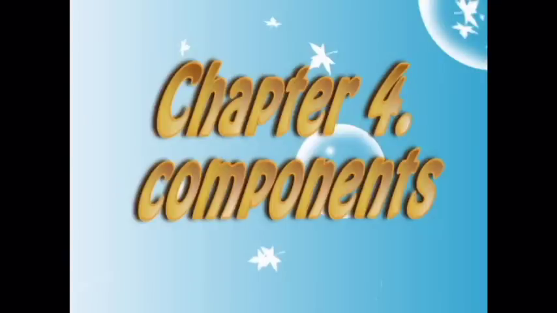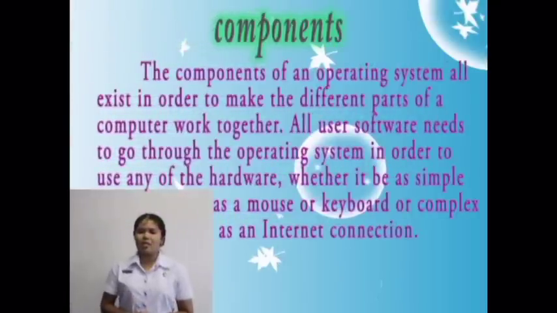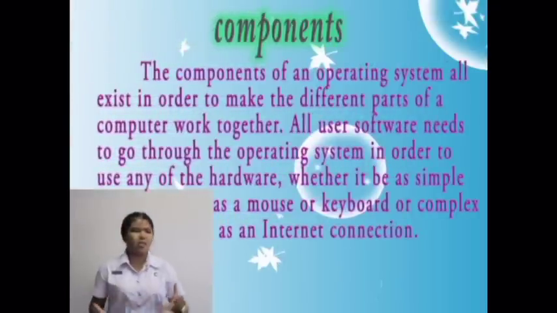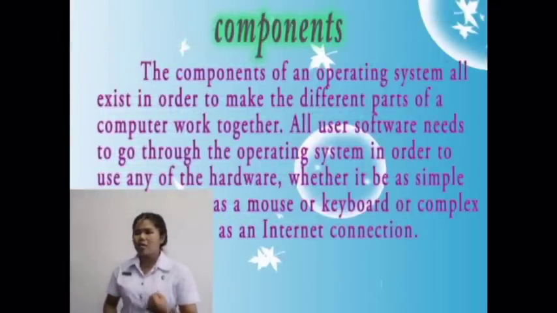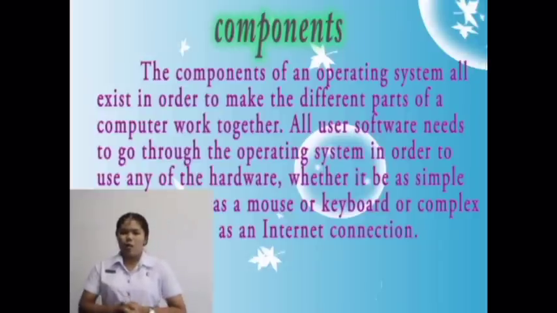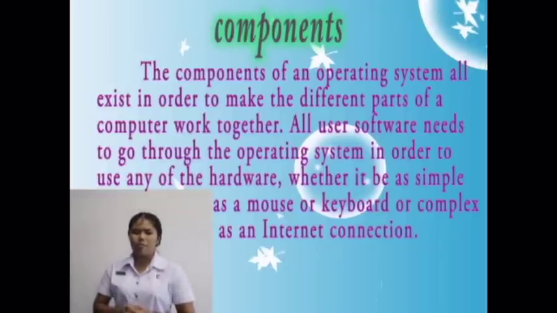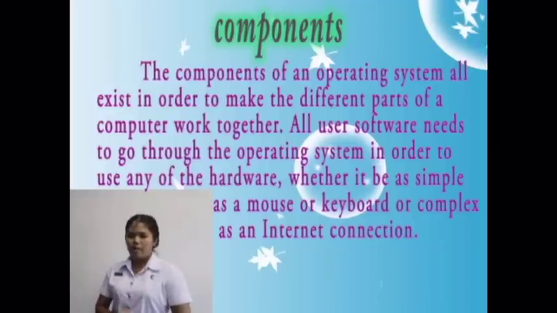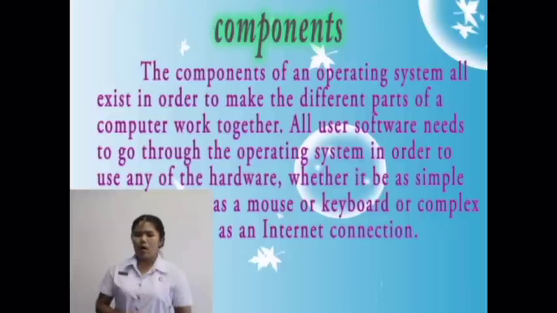Chapter 4. Components. The components of an operating system exist in order to make the different parts of a computer work together. All user software needs to go through the operating system in order to use any of the hardware, whether it is as simple as a mouse or keyboard or as complex as an internet connection.